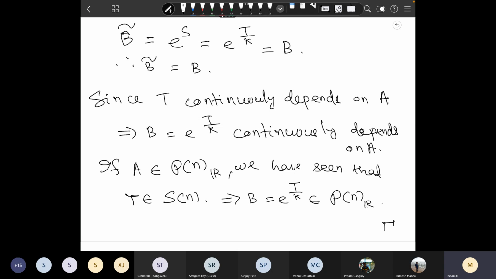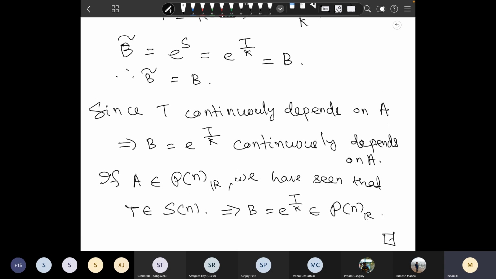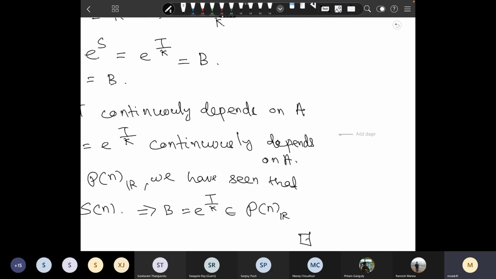So this finishes the proof of this thing. Okay. So this precisely says that in the set of positive definite matrices, we can define the kth root, the square root, kth root.